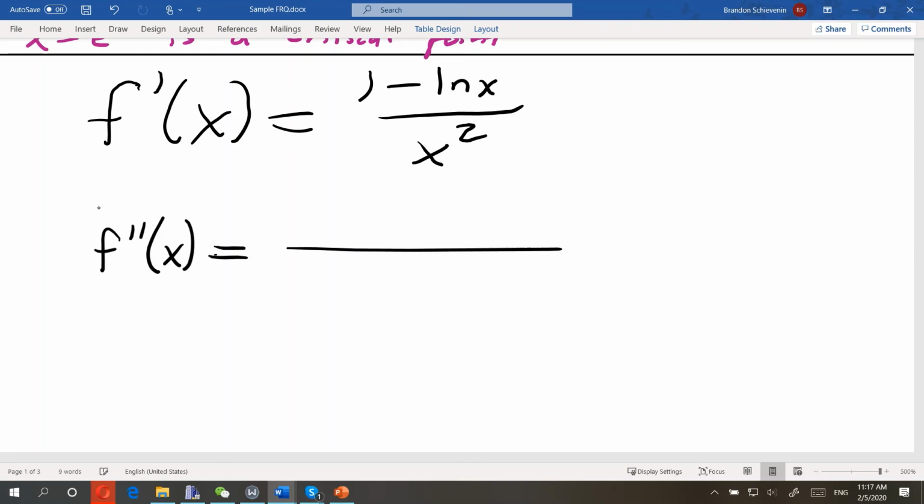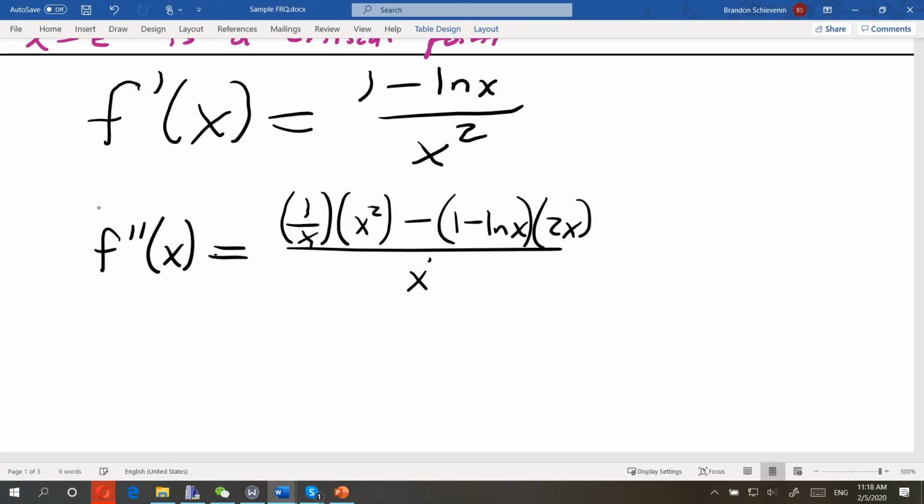1 over x times x squared, minus 1 minus ln x times 2x, over x squared squared, which is x to the fourth power.